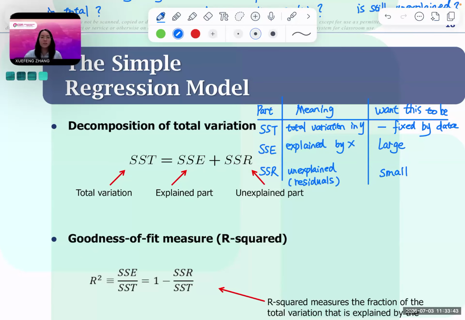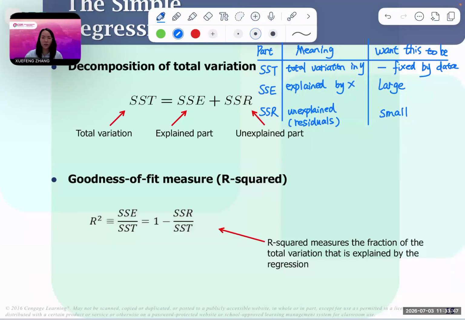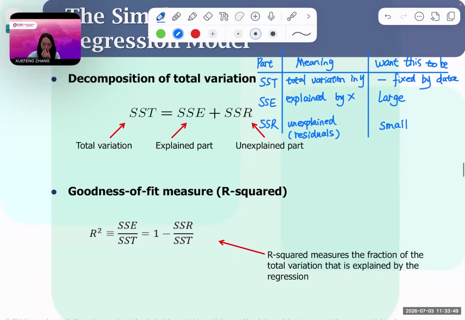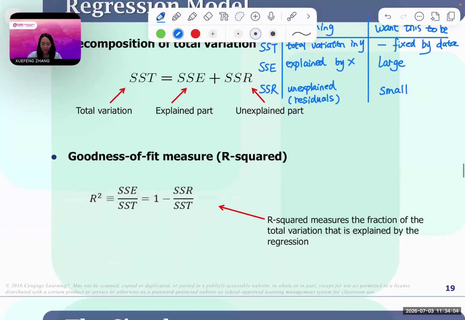Next one, let's take a look at how we measure the goodness of fit, which is R squared. This is the most famous number in regression. Everyone uses it. Let's understand it properly. Take a look at the formula. What does it mean?